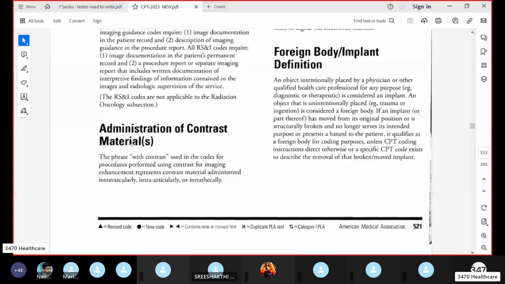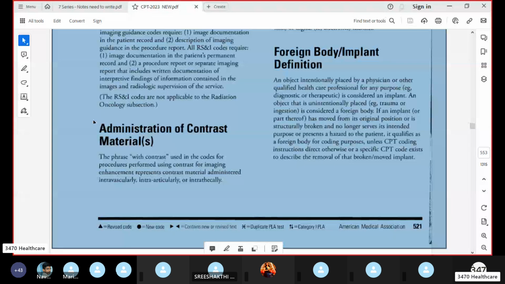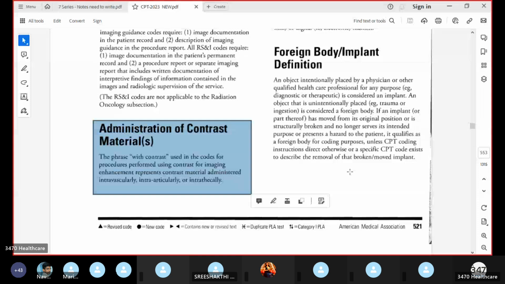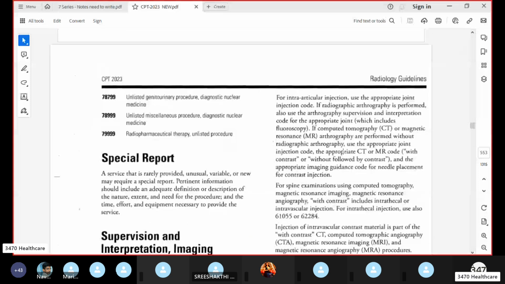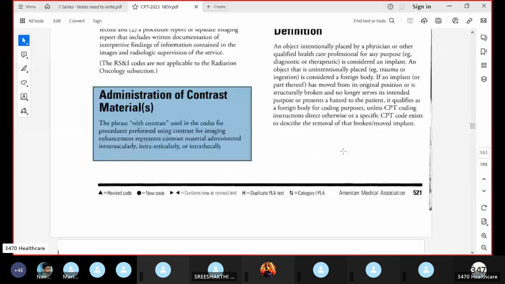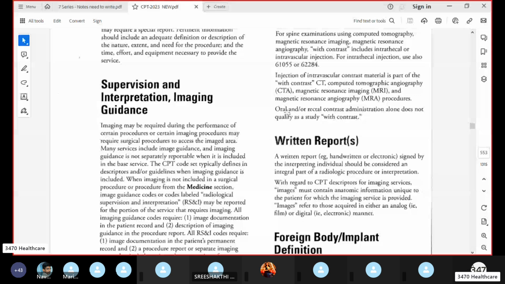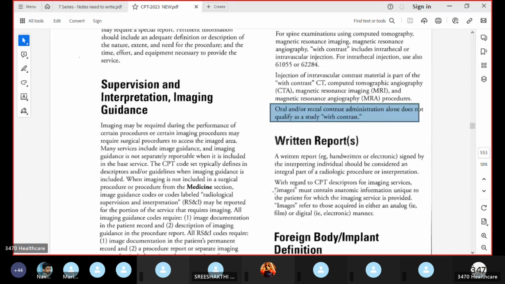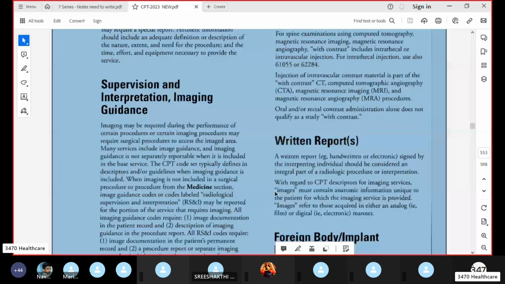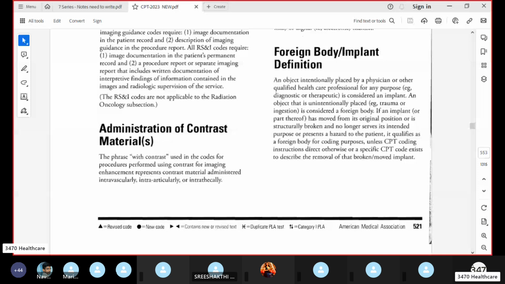If you look down, it is given: administration of contrast material. In the first paragraph, intravascularly, intraarticularly, intrathecally is for with contrast. In the last paragraph, oral rectal administration alone does not qualify as a study with contrast. That means without contrast. Even if you forget, you can look at these pages and take the answer. Theoretical questions you can answer.